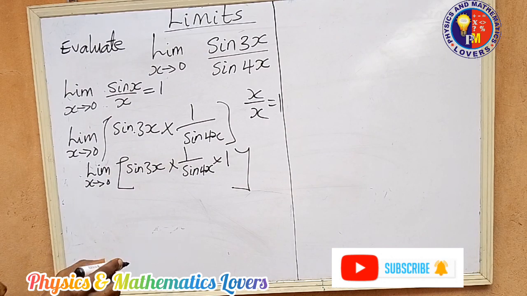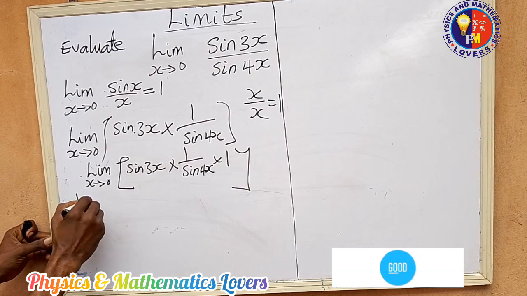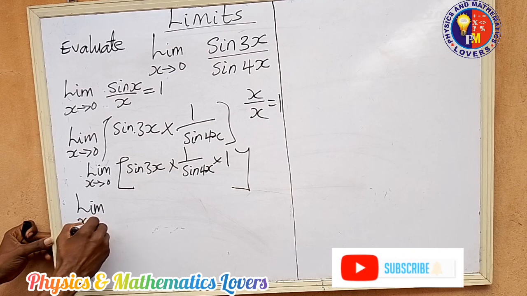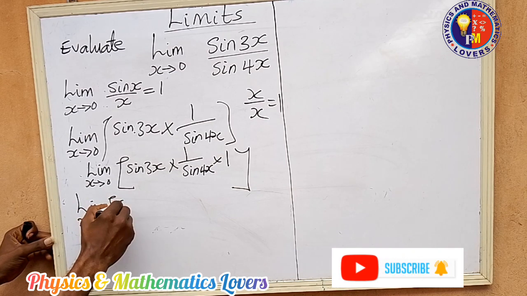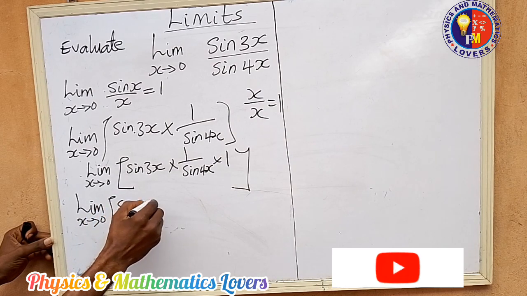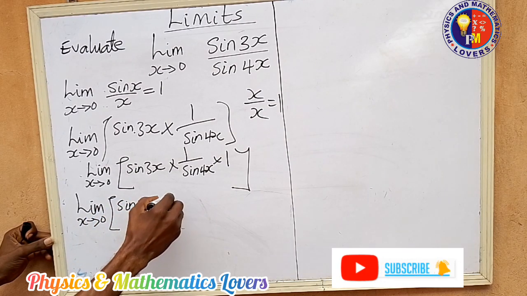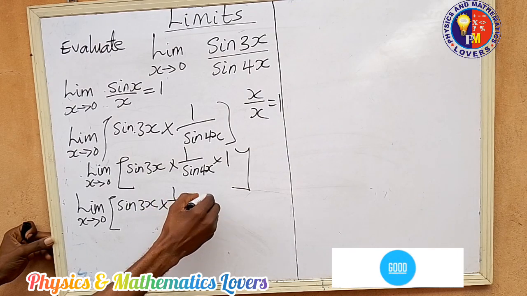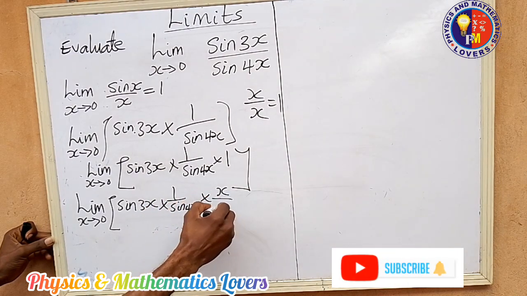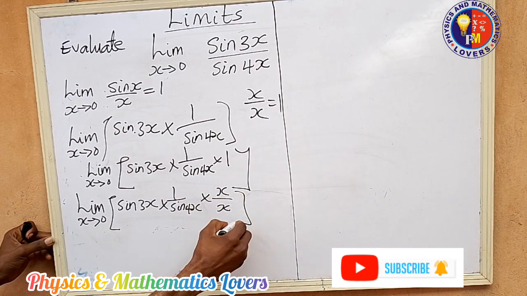So we go further by saying the limit as x tends to 0 gives us sine 3x times 1 over sine 4x times x over x.